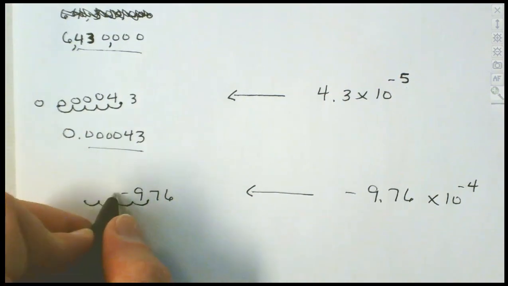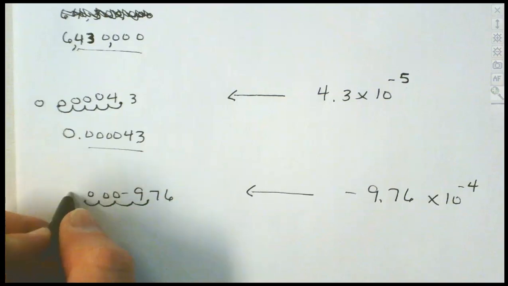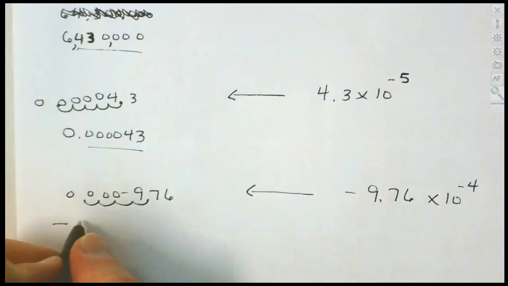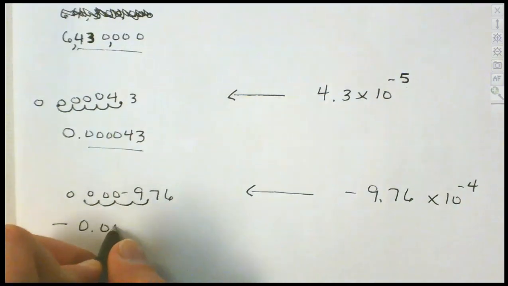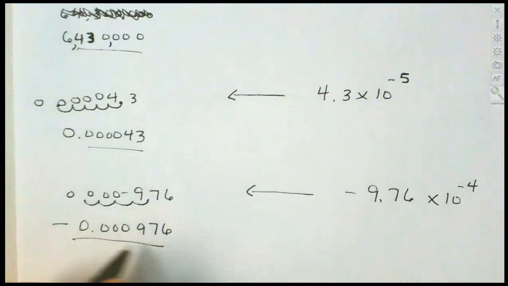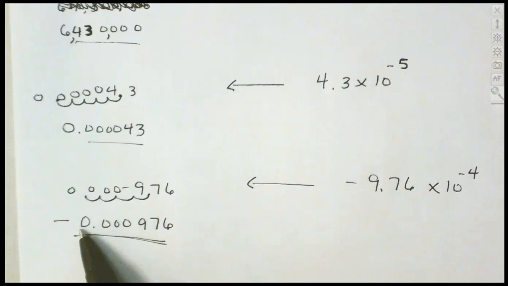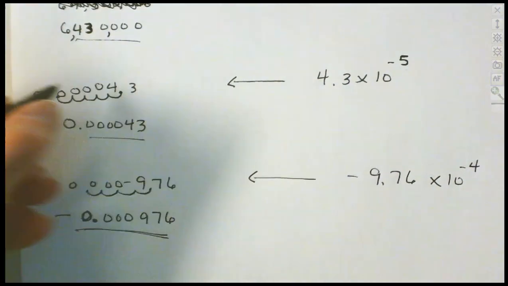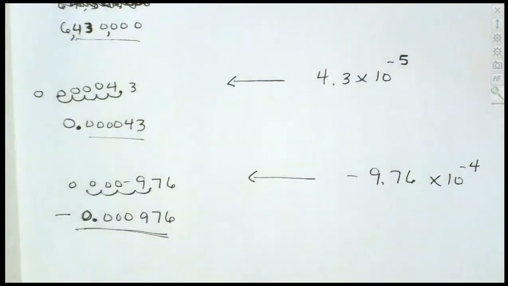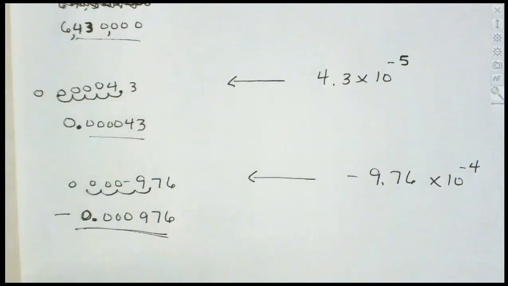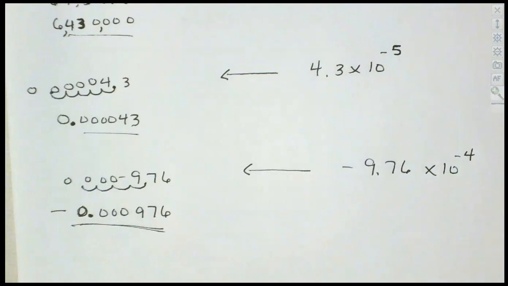And we're going to plug in these zeros. And that negative comes down. So the negative still stays there. So it's going to be minus 0.000976. And I usually write the 0 in front. That way we don't make a mistake. Because a lot of times if you don't put that extra 0 in front, you'll lose your decimal point. So I always put that extra 0 and make sure we know that the decimal point's there so we can see it. So that's how you work with scientific notation.